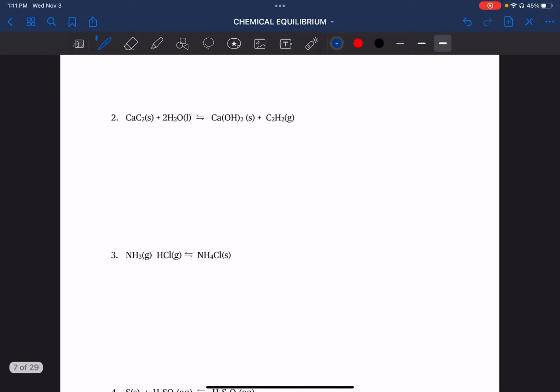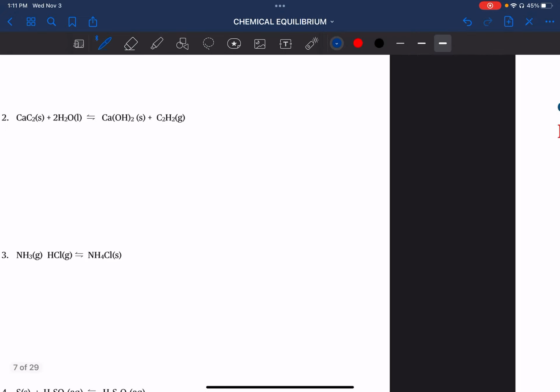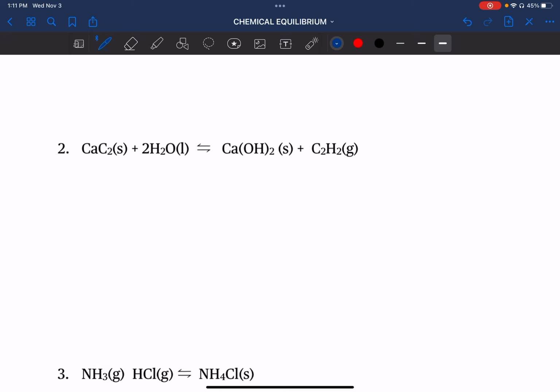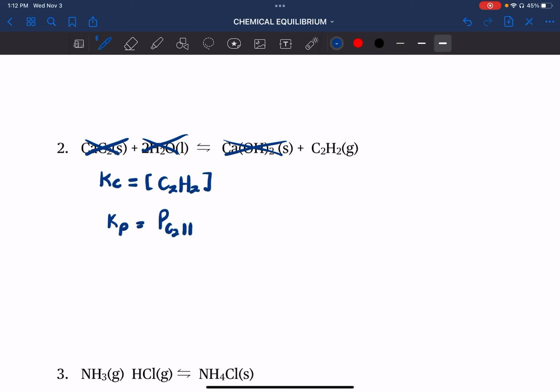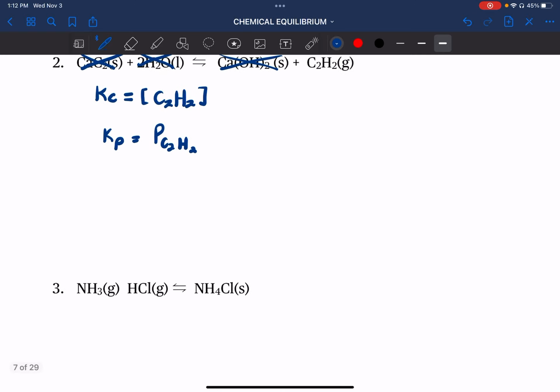Next, number 2. Number 2, kita ada solid, liquid, solid. Kalau soalan nak Kc, so you akan jawab Kc sama dengan concentration of C2H2. Kalau soalan nak Kp, partial pressure of C2H2. Bergantung pada soalan lah. Okay.